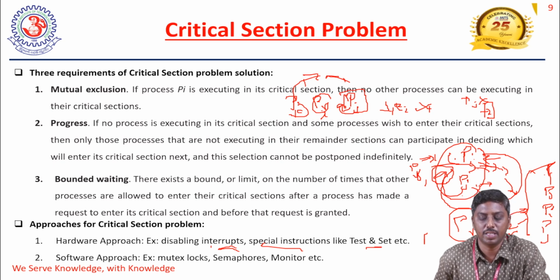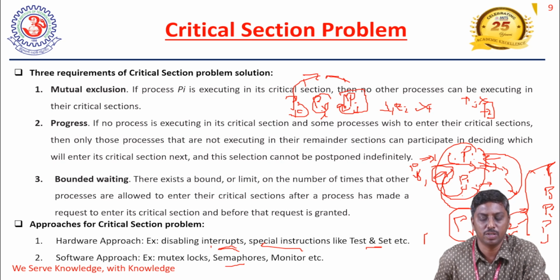Okay. And for the software approaches, I can create software things like locks, called mutual exclusion locks, or mutex locks in short. Mutex stands for mutual exclusion locks. These locks ensure mutual exclusion; that's why they are called mutex locks.